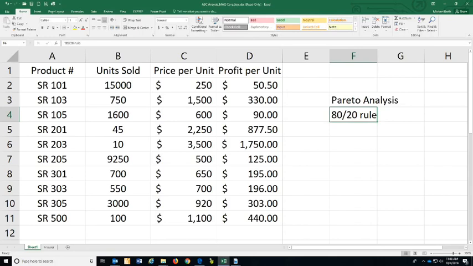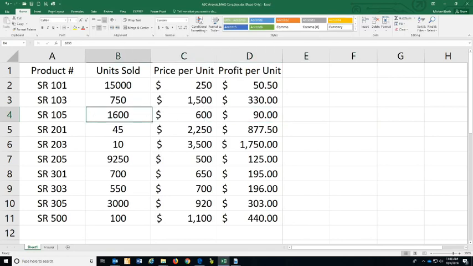In this example, we're looking at a company that has 10 different products or stock keeping units, SKUs. So these are stock keeping units, different products. So we leave it at 10 because it's easier to do the math like this. So they have to pay attention to 10 different products.